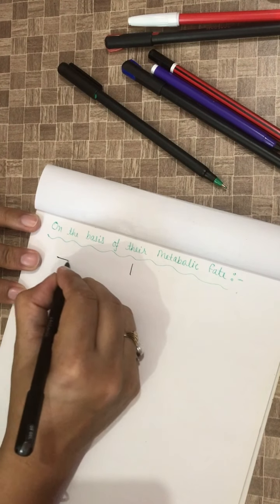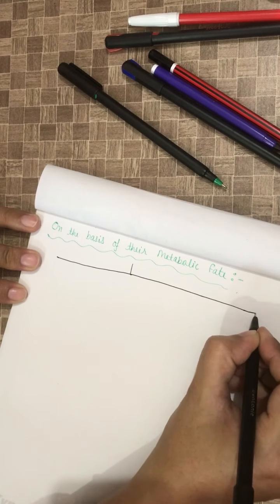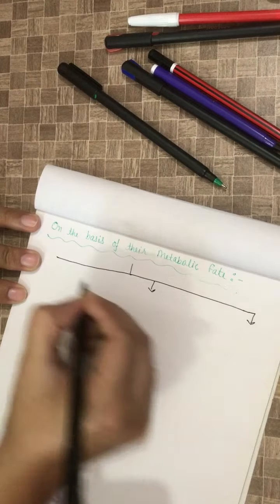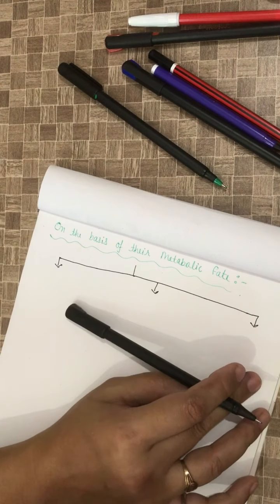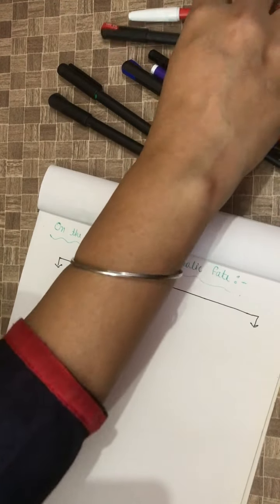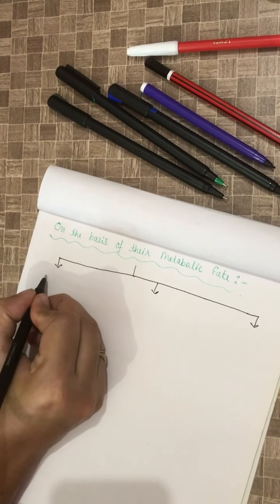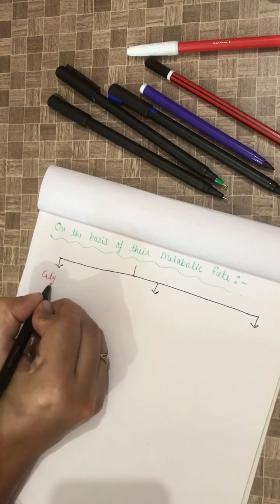There are again three categories of classification of amino acids on the basis of their metabolic fate, including glycogenic.